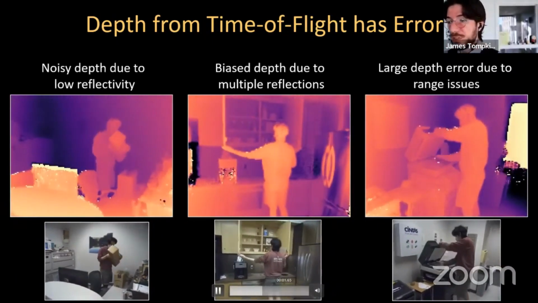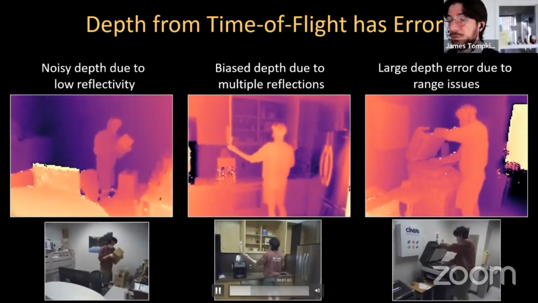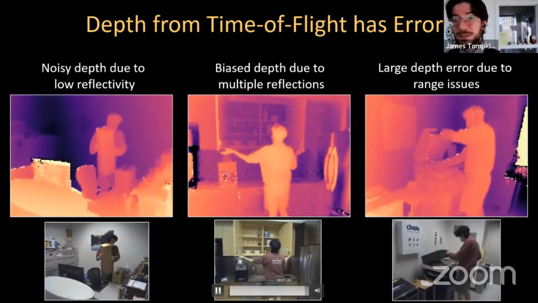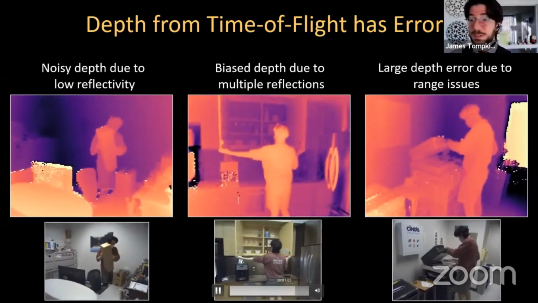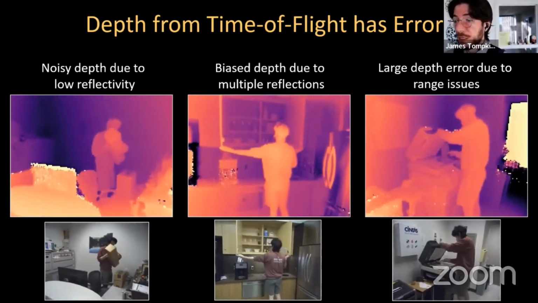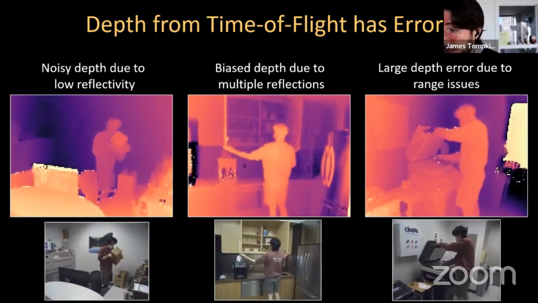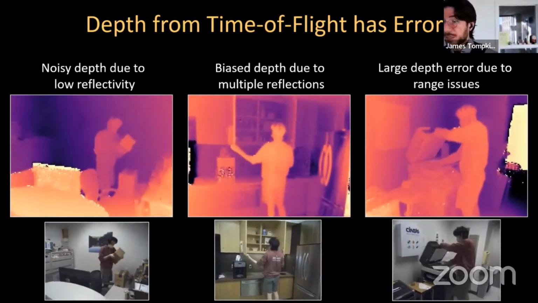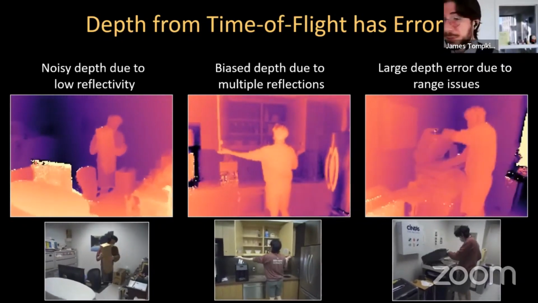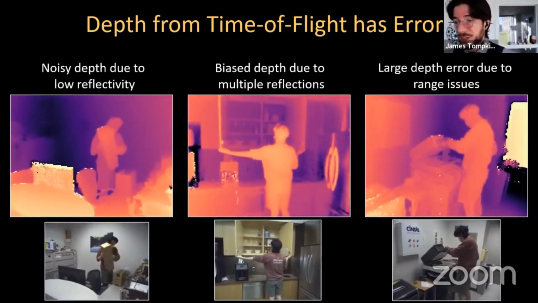So we see three different scenes here and three different depth from time of flight, just from what the camera would normally spit out. On the left-hand side here, we see a scene with my colleague Ben et al. at CMU, who's the first author of this work, moving some box within an office.